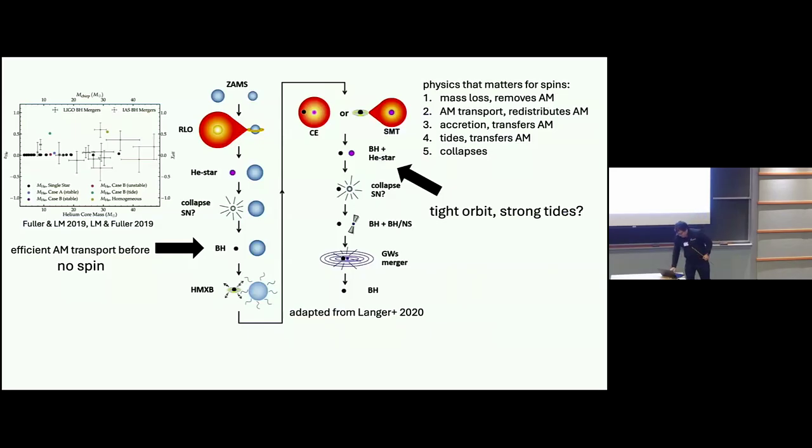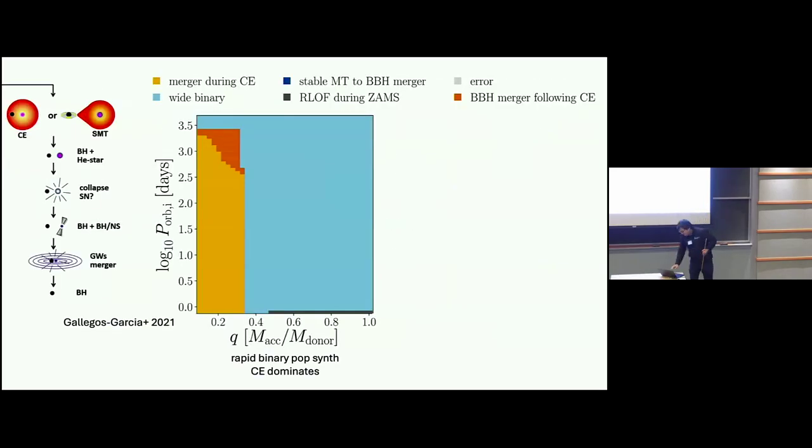So I say that this could be common envelope or stable mass transfer, and I'm going to talk a little bit more about the details. I moved this part of the plot to here. Our knowledge up to a few years ago, mostly for these evolutionary phases, is based on rapid binary population synthesis, which is fast, but usually uses very simple descriptions. For example, this is half the plot from a paper by Monica Gallegos-Garcia in 2021.